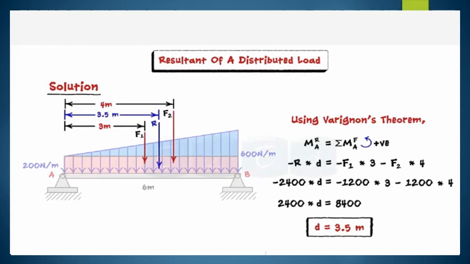If we take the moment about end A, what does Varignon's theorem say? The moment of the resultant force about any point is equal to the algebraic summation of the moments of all the forces, that is minus R into D is equal to F1 into 3 minus F2 into 4. You get D as 3.5 meter.